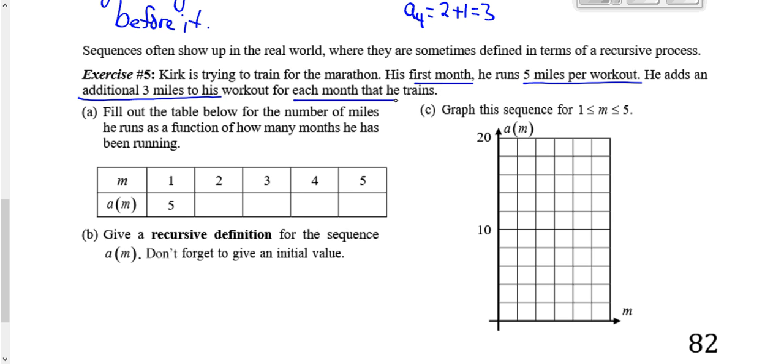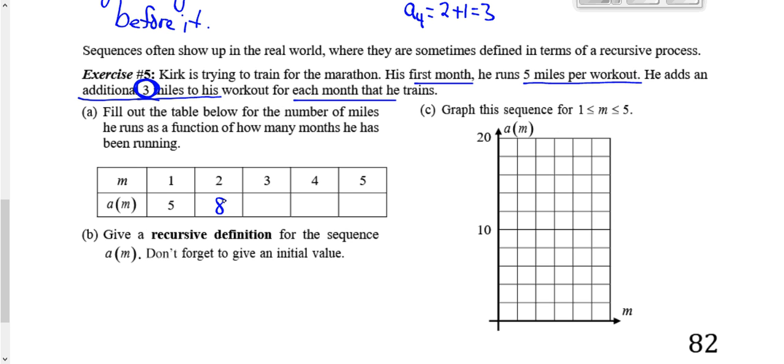Month 2, how many? It's the previous term plus what? 3. 5 plus 3 is 8. Not the previous place in line, the previous term.